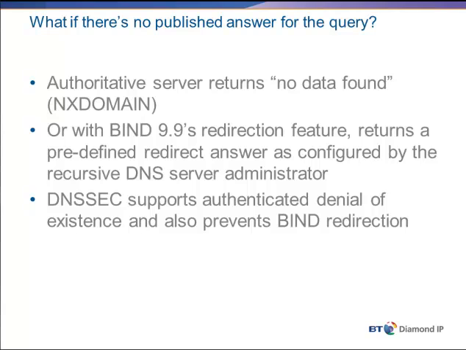Or with BIND 9, the latest version of the Internet Systems Consortium DNS reference implementation, they've implemented a redirect feature that enables you to define a redirect zone, a zone type that says, okay, if you get an NXDOMAIN back in one of your queries as the recursive server, just provide this IP address back. So from an ISP perspective, they might use this feature to say, here's the ISP search page.